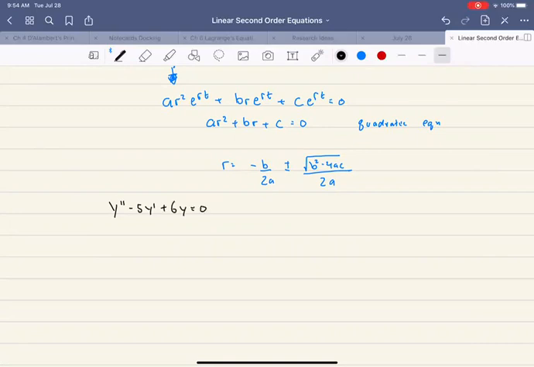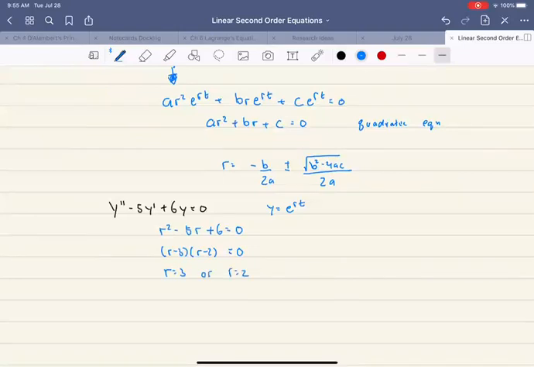If we do that, we make our substitution, y equals e to the rt, and we get r squared minus 5r plus 6 equals 0. That factors into r minus 3, r minus 2 equals 0. So r equals 3 or r equals 2.